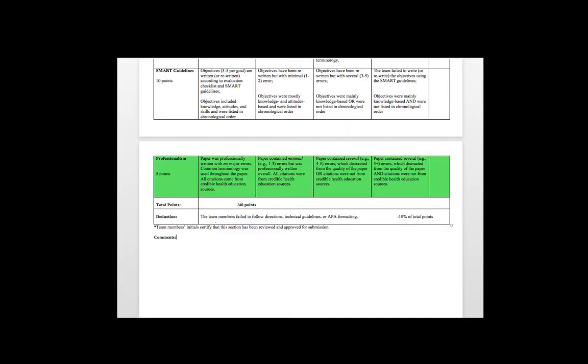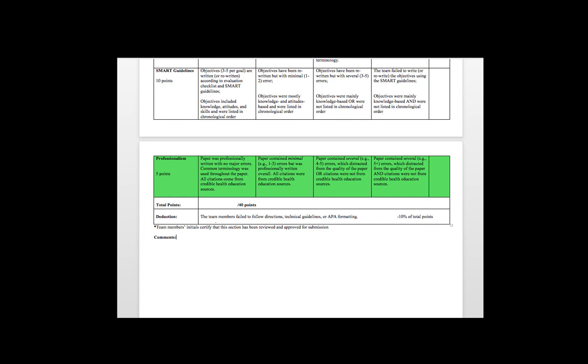So last but not least, we have our professionalism row, and to receive all points, the paper needs to be professionally written with no major errors, common terminology was used, as well as all citations coming from credible health education sources. As we go through the point deductions here, you see that the paper contains minimal errors, but was overall professionally written, and all citations come from credible health education sources.